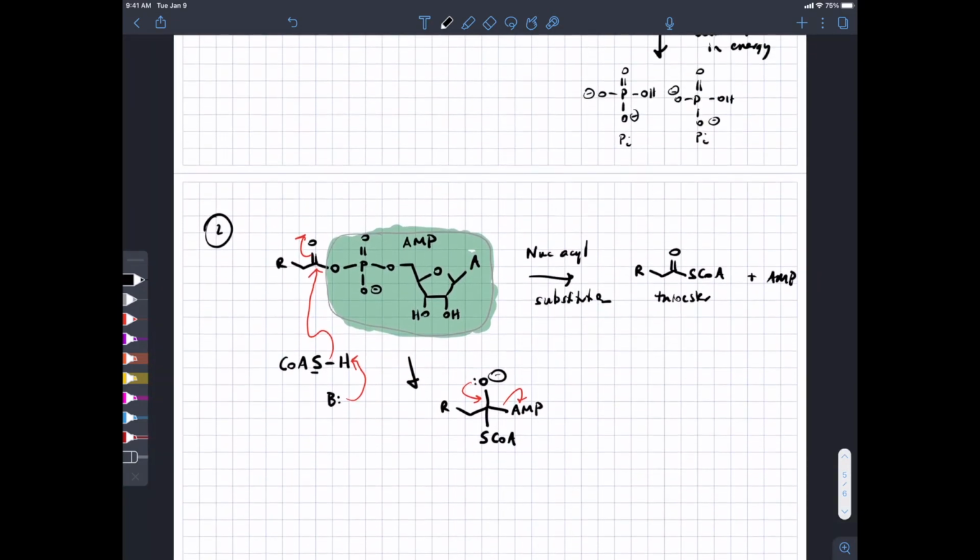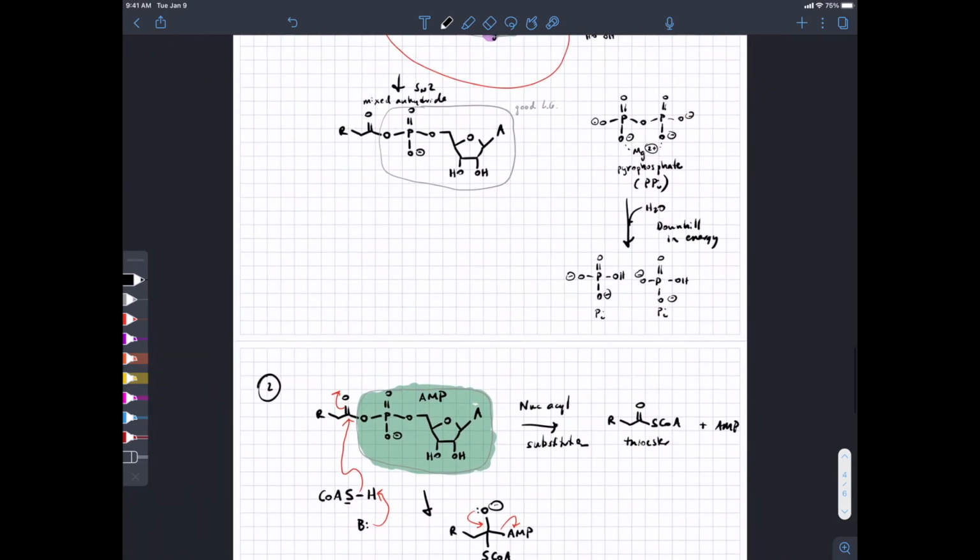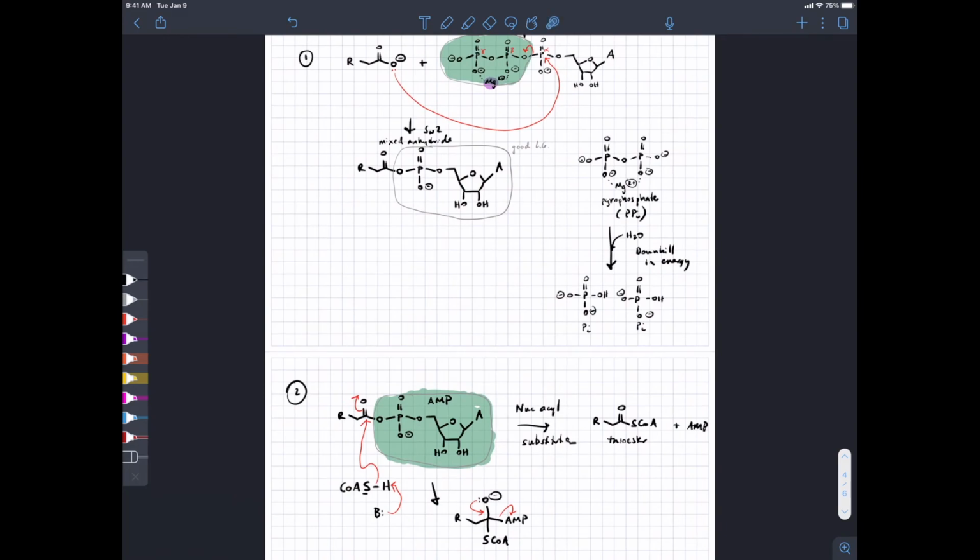If you take a step back and look at what we've just done, we've taken a carboxylic acid that was negatively charged and didn't have a leaving group on it, and we used ATP to turn that oxygen into a good leaving group, and then we swapped out the AMP for something else. Now, you may be wondering, why not just stick with AMP if that's a good leaving group?